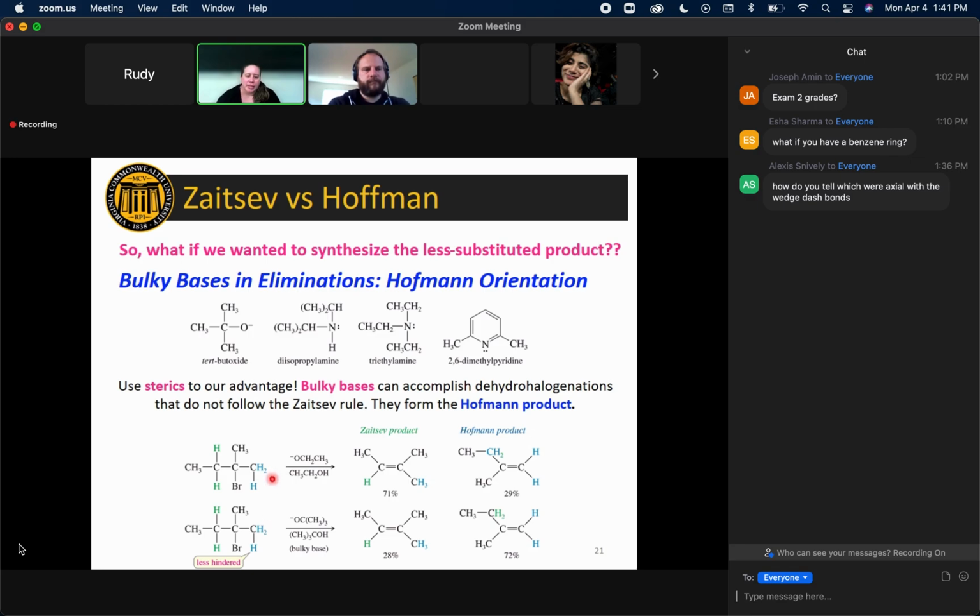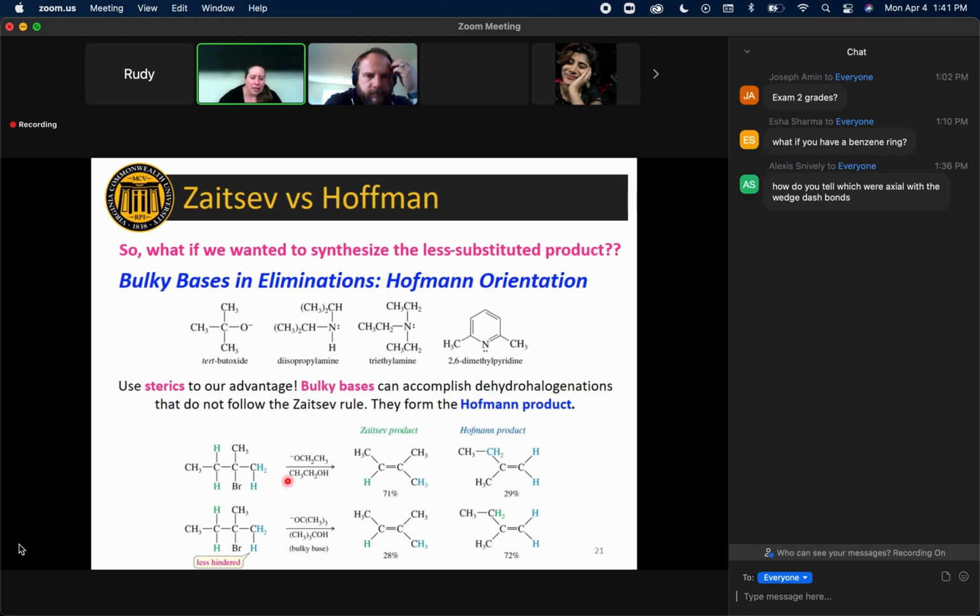I've got 2 examples here where we're looking at the same exact substrate, right? We have a secondary alkyl halide, and under an elimination reaction, we can deprotonate the green protons or the blue protons. And the blue protons, this methyl group has essentially blue protons also because they're the same type. The green protons are a little bit more hindered because of the methyl group out here, whereas the blue protons are on the edge of the molecule.